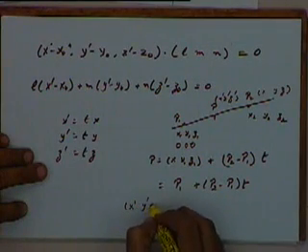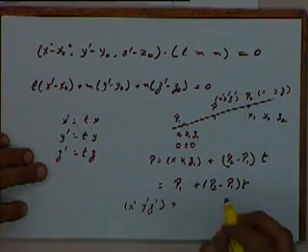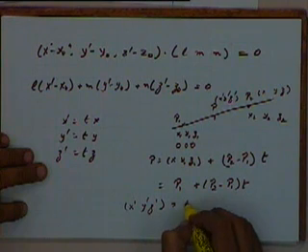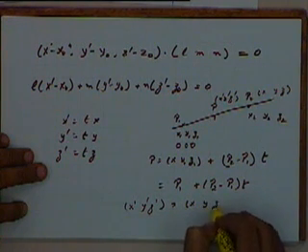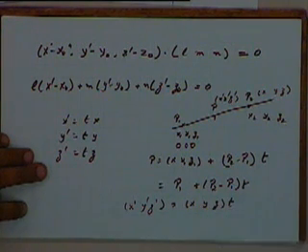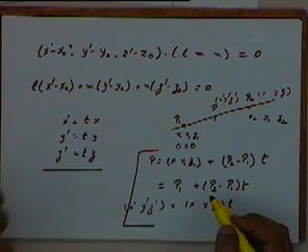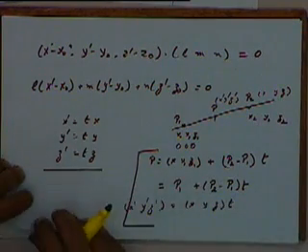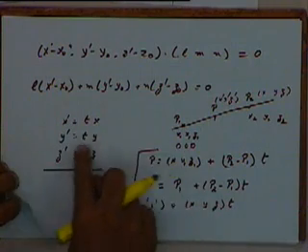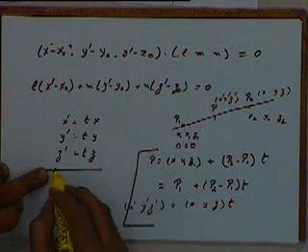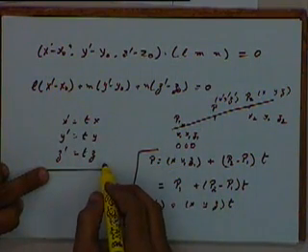P1 is 0, so this will be equal to x, y, z times t. So from this we will get these three relations: x prime will be equal to t times x, y prime will be equal to t times y, and z prime is equal to t times z.